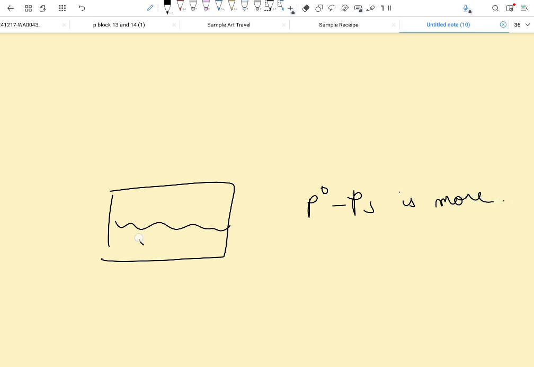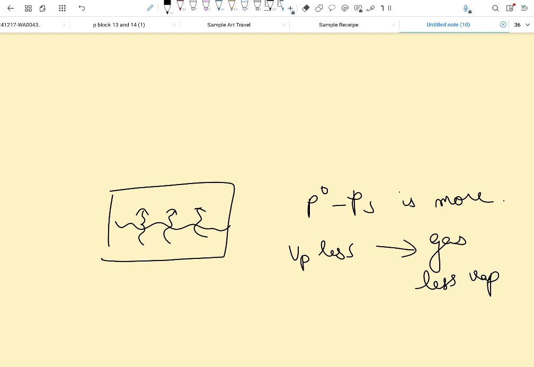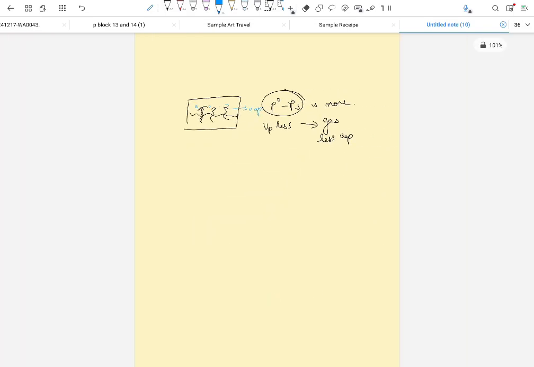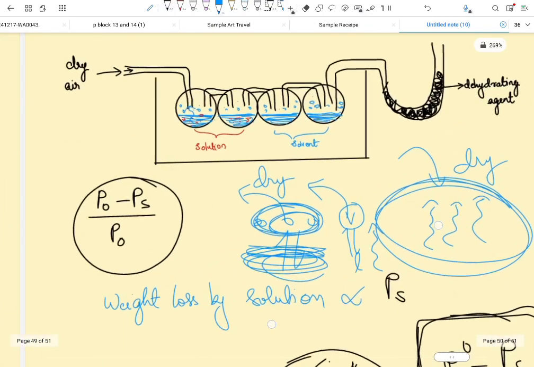In that case, less vapor will evaporate, meaning less vapor in the gas phase. So if the vapor pressure is lower, more lowering in vapor pressure means only less vapors in the gaseous phase.